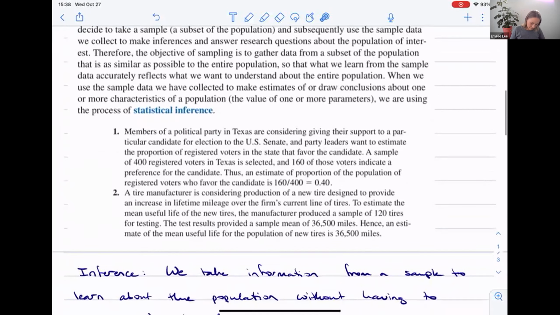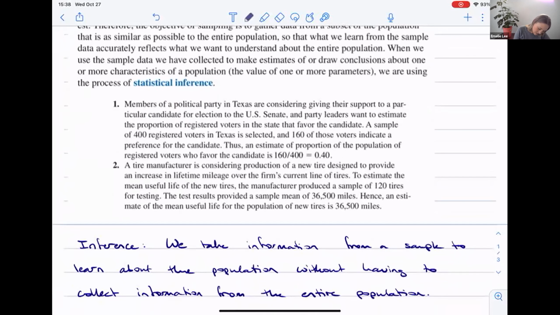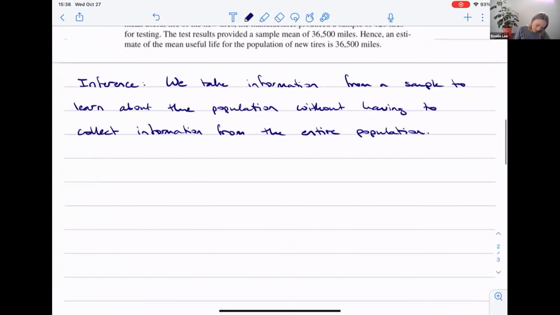I've got this little example here, but I'll hold off on that and just outline.